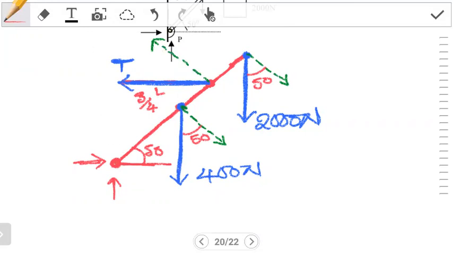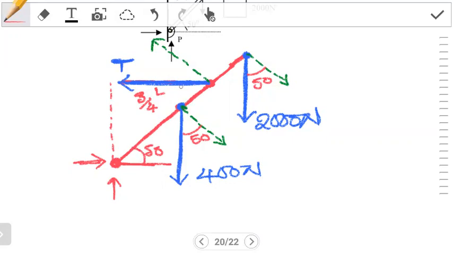For that, if this is a horizontal rope, then this is going to be 90 here. So we are interested in this angle, or we can say that this 50 is equivalent to this 50 here.